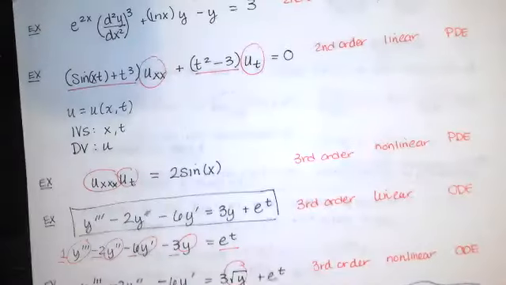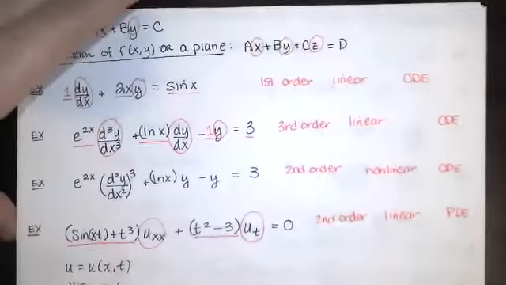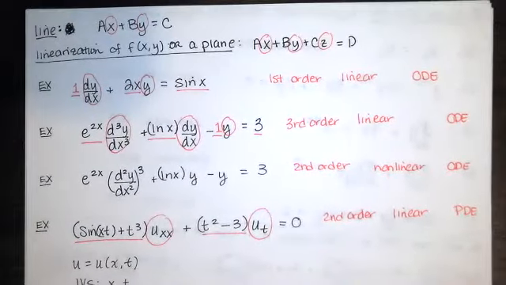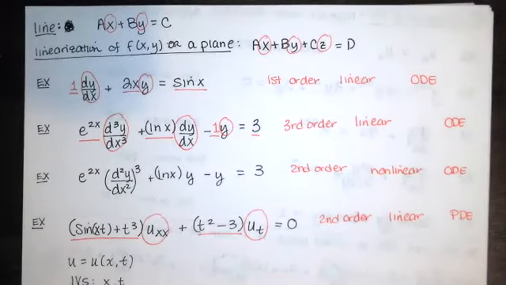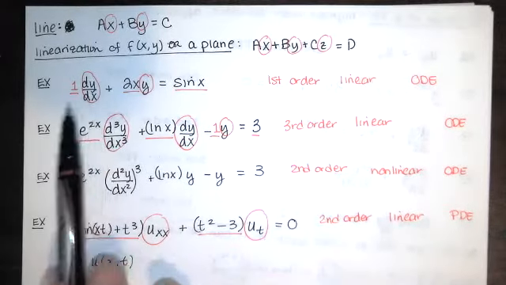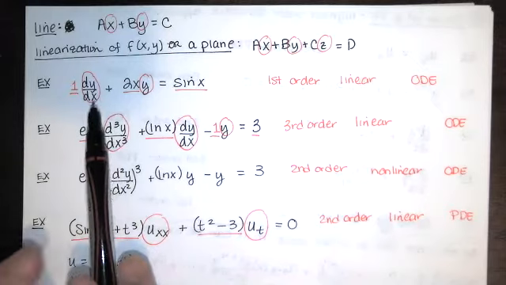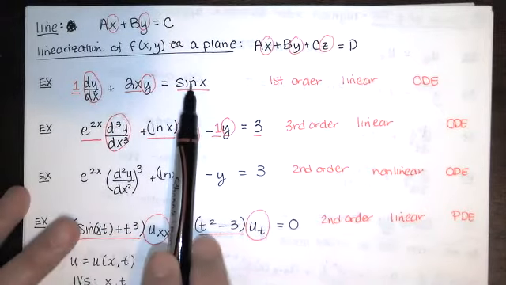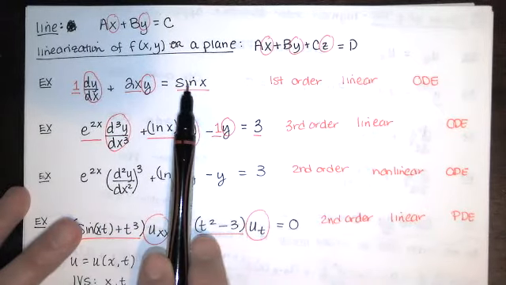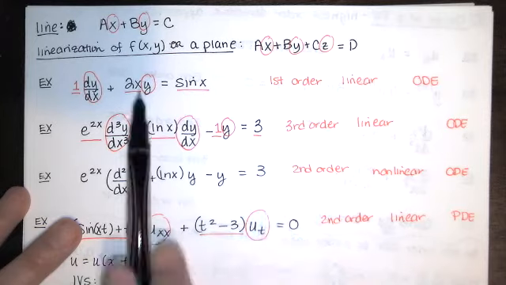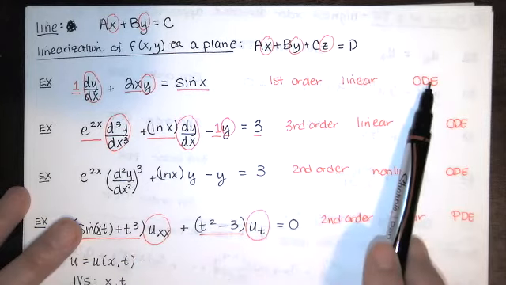So actually, I have a couple homogeneous equations. Let's look at these again. So you move all the y terms to one side and all of the terms that do not involve y to the other side. And actually, this is already written in that form. So we say it's a first order linear ordinary differential equation.